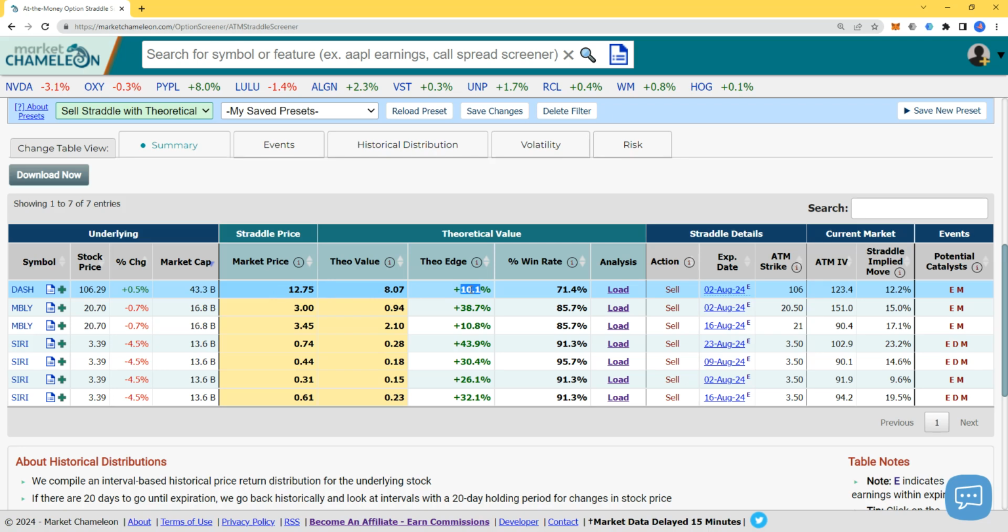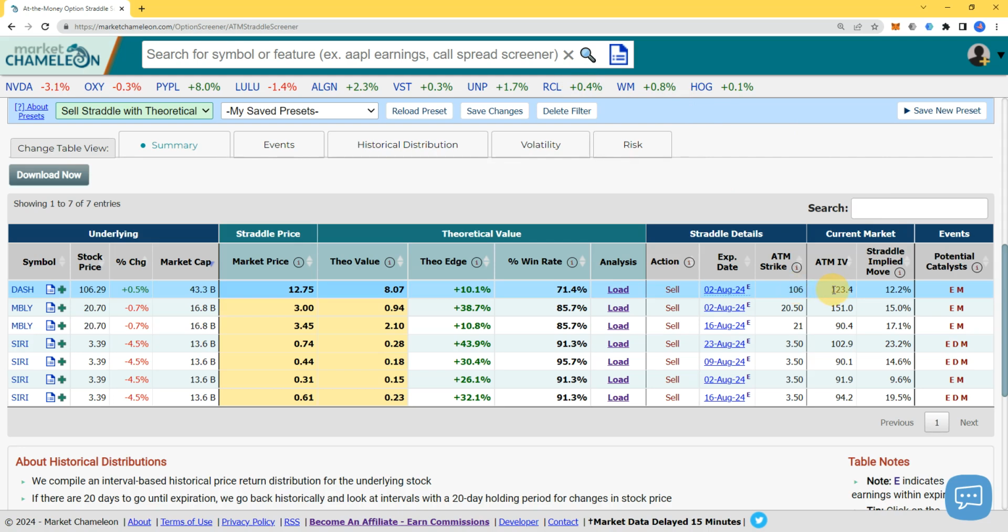This is the edge, over 10%, and over 70%, 71.4% win rate. The action is sell and the expiration date is August 2nd, on Friday. Interesting. And at the money strike, the 106, this is what you do. You sell a straddle, the at-the-money call 106, and you sell simultaneously the put 106.